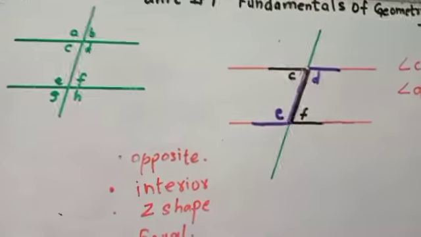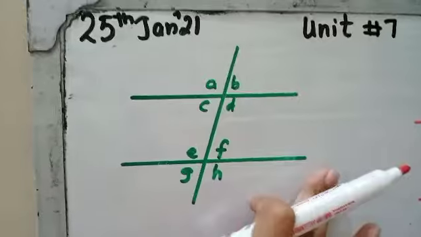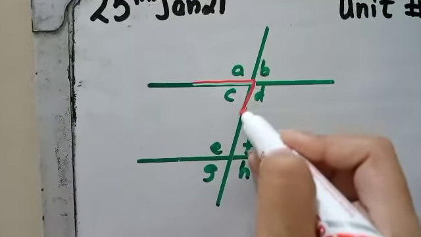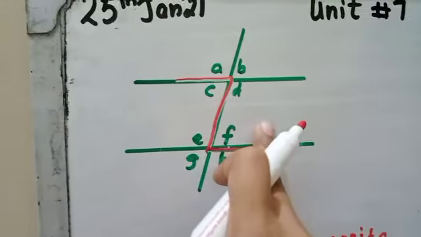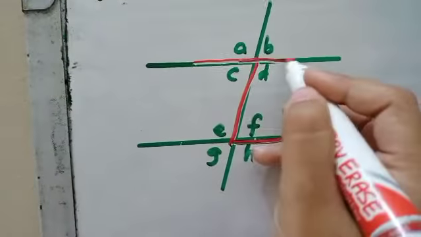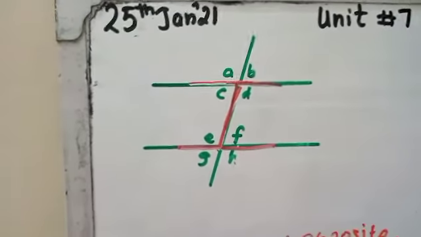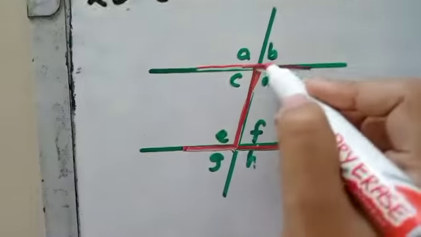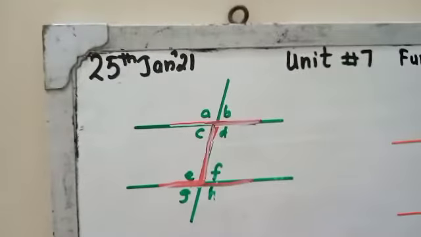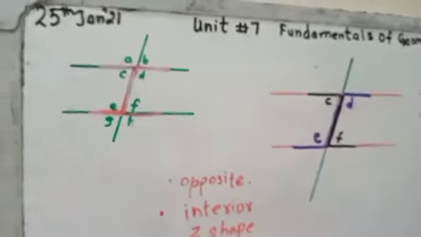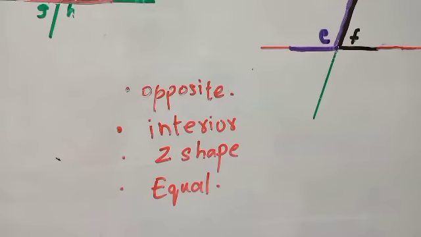If I give you this complete figure also, I can simply tell that this is alternate angles C and F. D and E are alternate angles, because this is making Z. Okay, I hope this is clear to you. Now I am moving on to the next angle, that is interior angle.